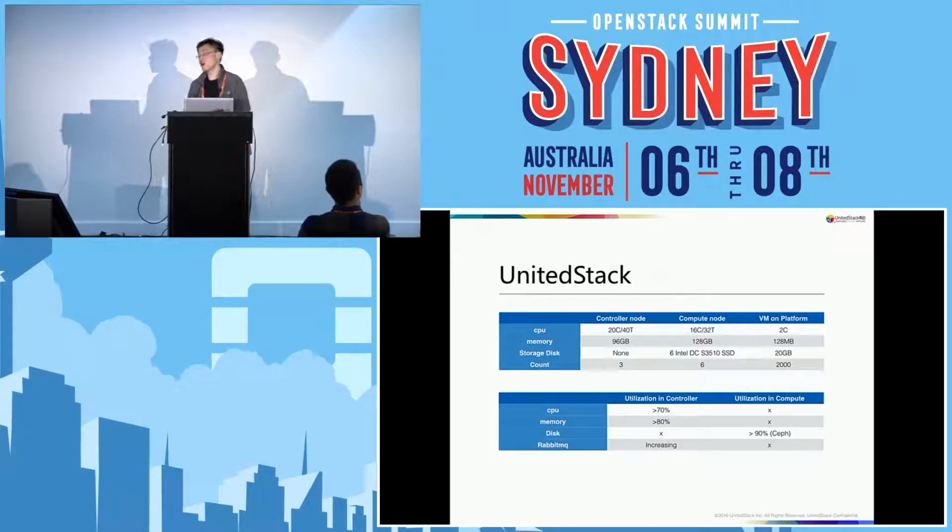Also, we can find that the messages in the RabbitMQ queues keep increasing. As well, in the compute node, the disk utilization is also very high, up to 90%, and it's very busy. We use Ceph for the backend storage here.